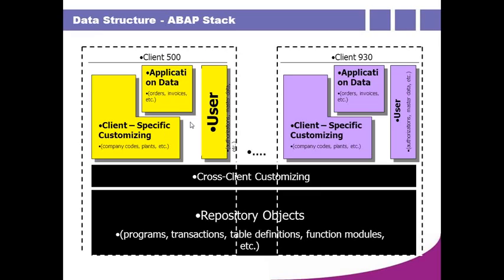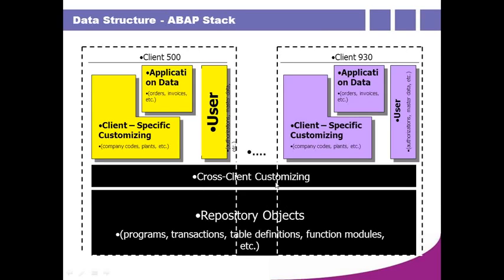So this is very, very important. Every SAP system has only one repository and a cross-client area. But on top of that, you might have multiple clients. As I told, we can go for 1,000 clients. That's why these two are called client independent. Client independent means it's not specific to any client.